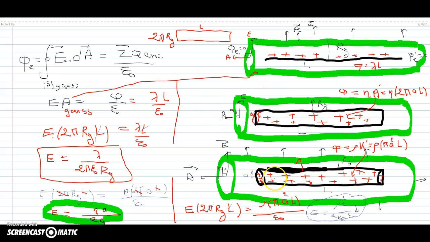Now if you have volume density, then you consider rho times V prime, the volume of this object. Notice the structure of the field will be different in each case, but understand the Gauss law involves the surface of Gauss and the surface of the material, different things. I hope this will help.